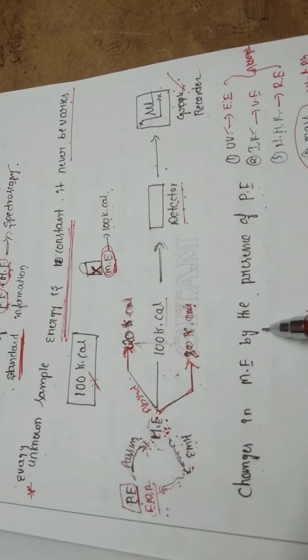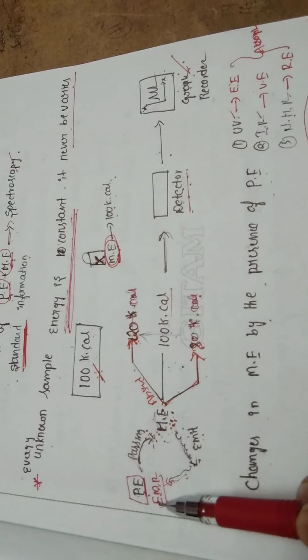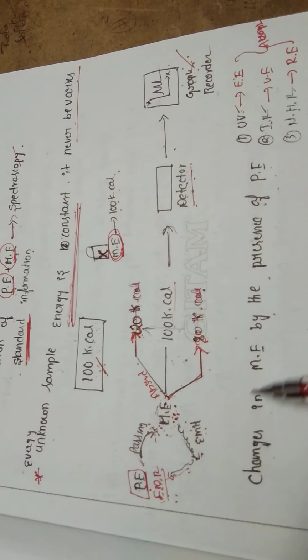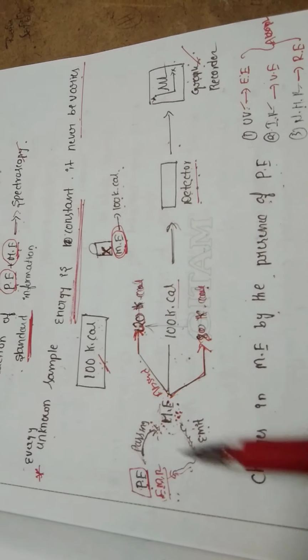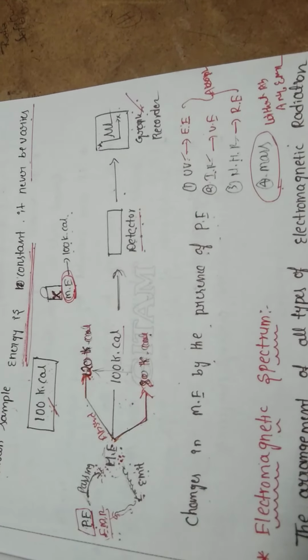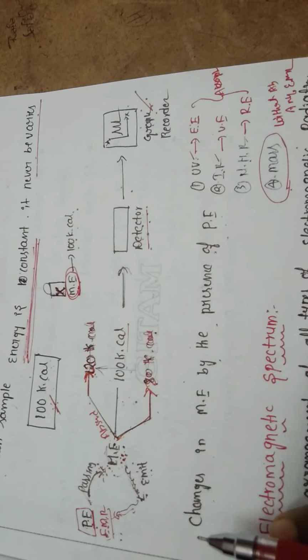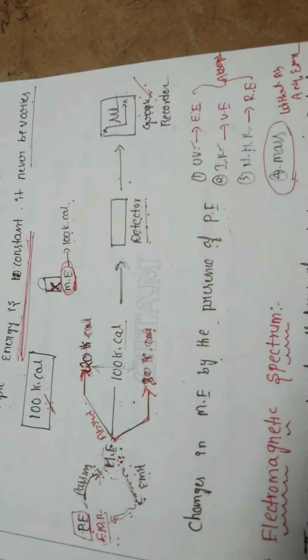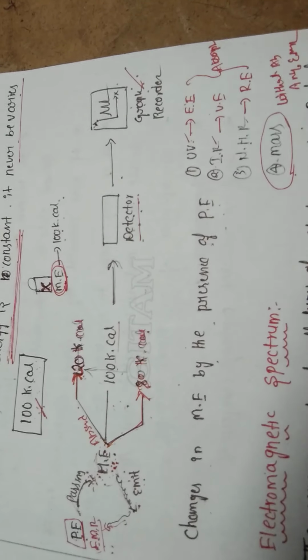Changes in the molecular energy levels occur only by the presence of electromagnetic radiation, that is photon energy. Without application of photon energy, there are no changes in the molecular energy levels. So the whole spectroscopy concept is based on electromagnetic radiation. Without electromagnetic radiation, no change occurs and no graph will be observed.